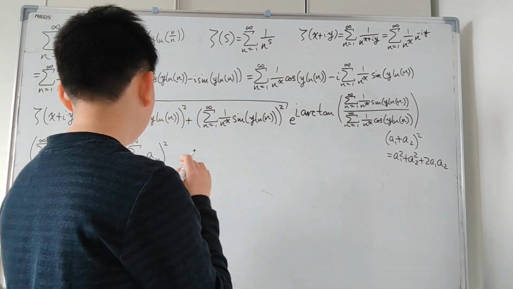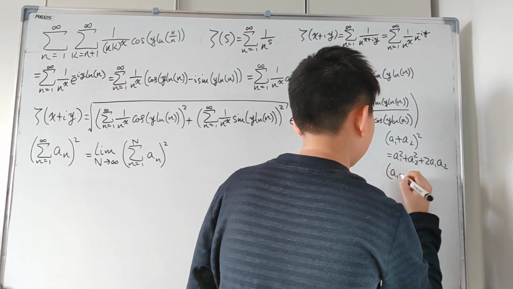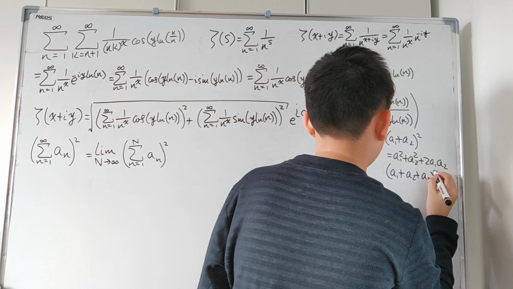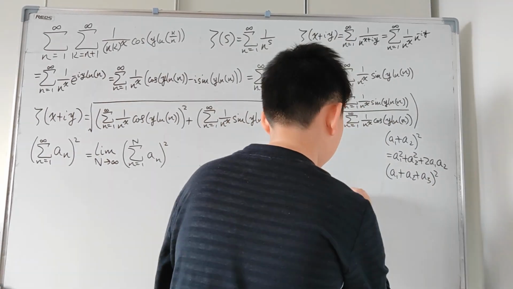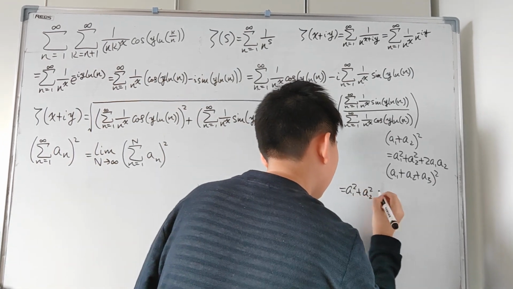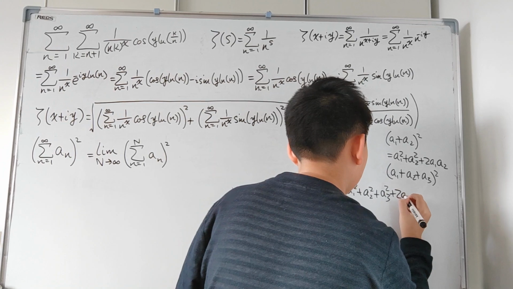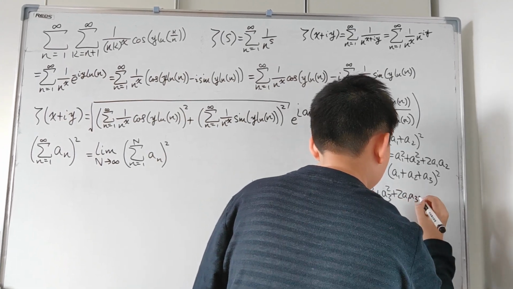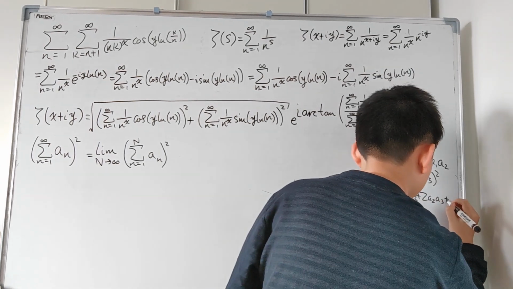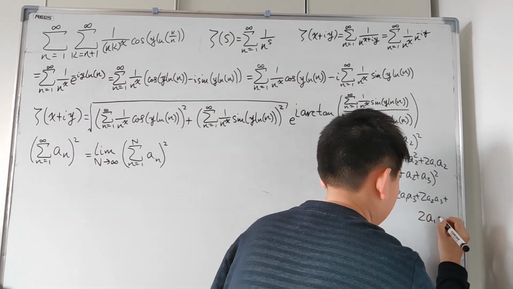And then for n equals 3, we have (a1 + a2 + a3) squared, which is going to be another formula: a1 squared plus a2 squared plus a3 squared plus 2 a1 a2 plus 2 a2 a3, oh boy, there's not enough room, plus 2 a1 a3.